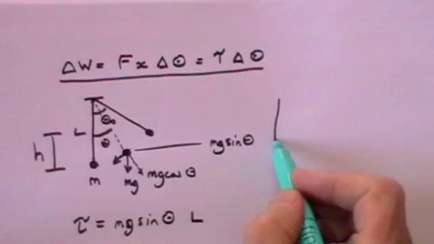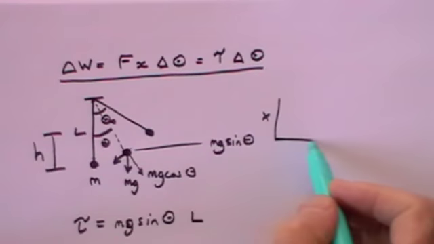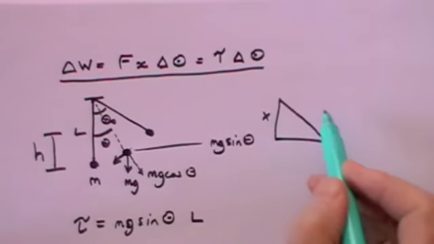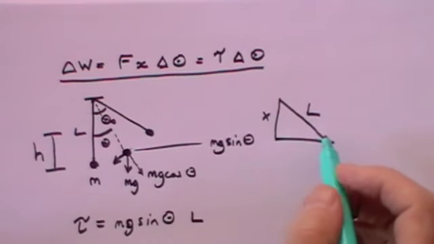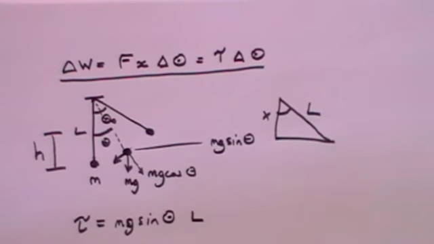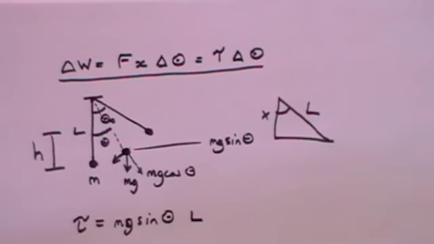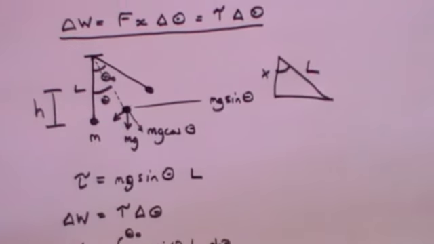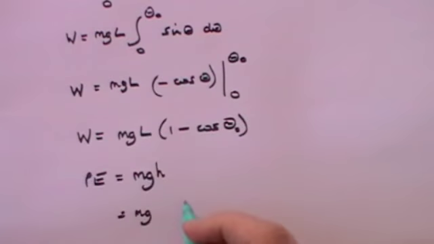Right. This distance here is equal to L, which is this distance here, times the cosine of that angle, which is theta naught. So h is L minus L cosine theta naught.